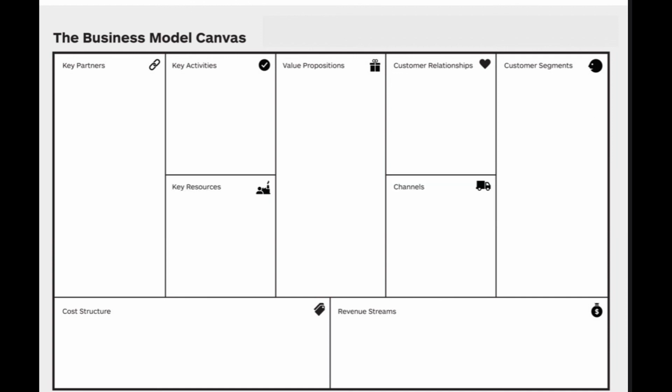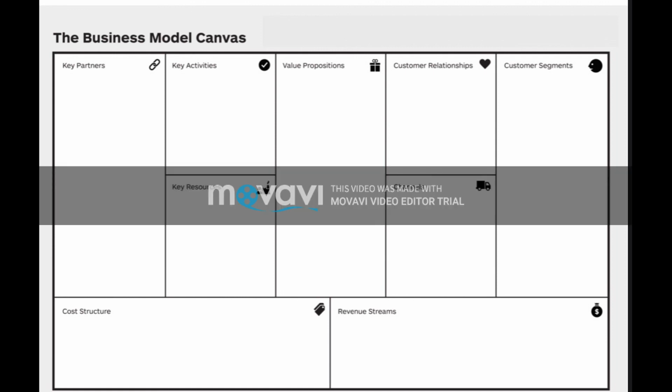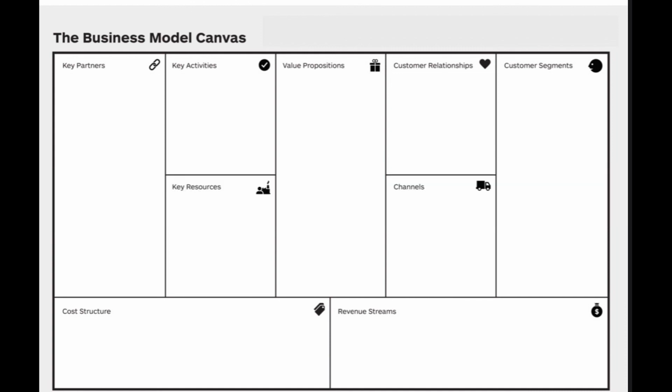Looking at it from another angle, you talk about the revenue stream. For what value are our customers really willing to pay? We need to understand the extent to which our customers are ready to get devoted. What are the wants? Could it be quality?